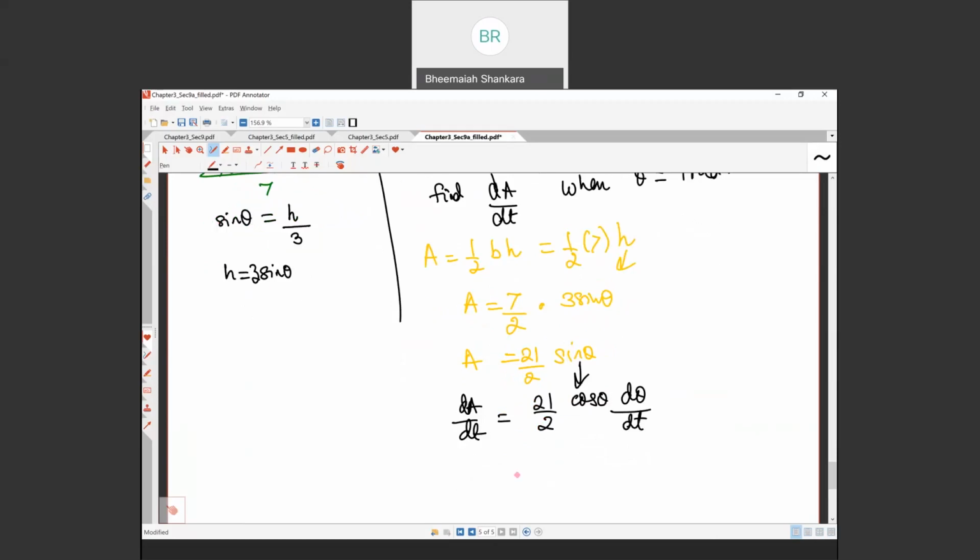This will be 21 over 2 times cosine of 1 radian, and d theta over dt is negative 0.05. Simplifying all this, we get an answer of negative 0.2837 square feet per second.